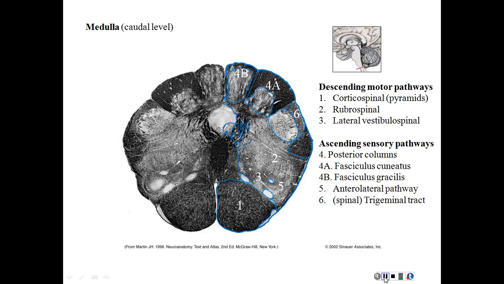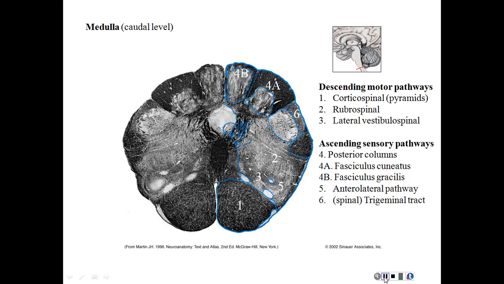If we look at the midline being right here, then we have the gracilis nucleus and the cuneatus nucleus, which are the grayer ones, and we can still see the myelinated axons forming sort of a mantle around them as they come in to innervate those neurons.